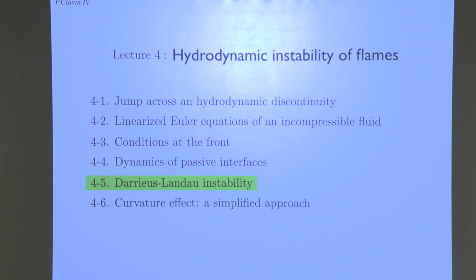Now, let's consider the case of a flame. The difference is going to be the mass flux across the flame. That is the main difference with the previous analysis I showed to you.